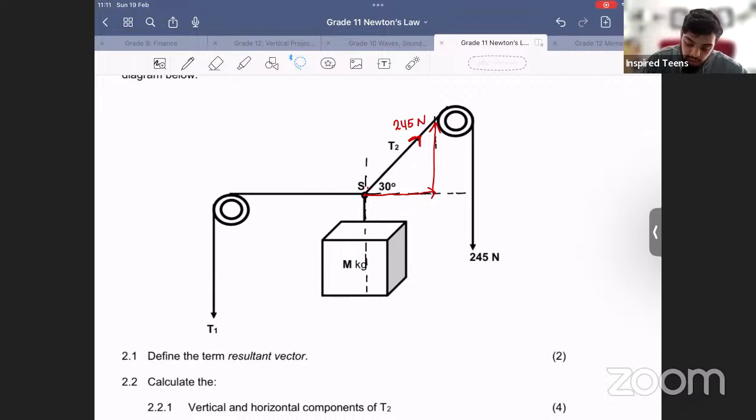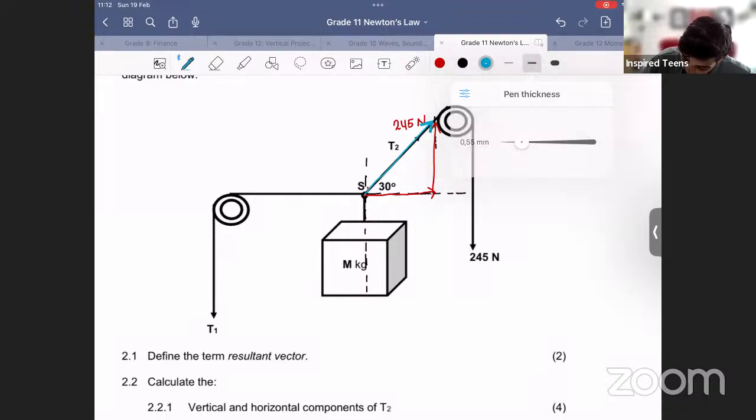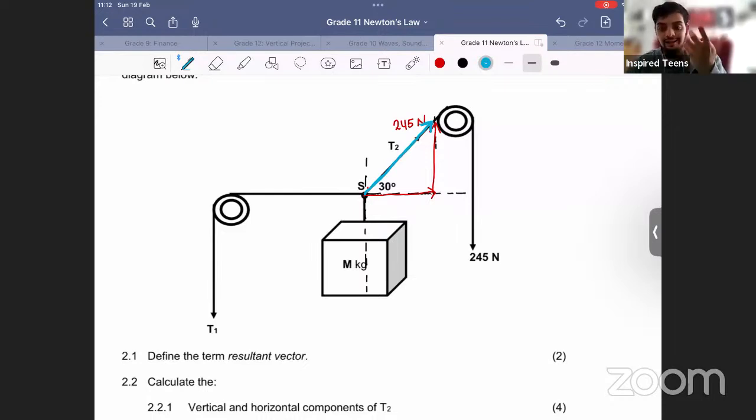So we're actually going to leave it like this. I'm going to erase this and draw the force there. Maybe let's use blue. Just like that. So this is actually like a resultant vector.